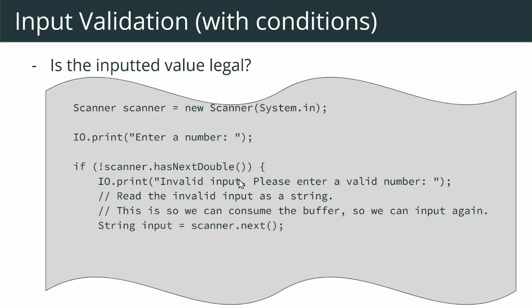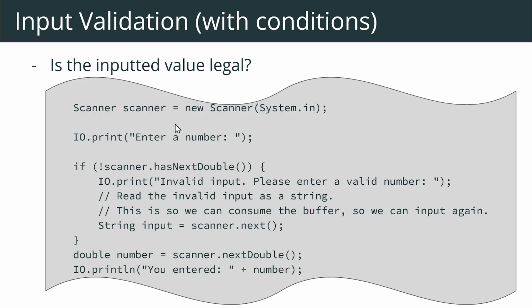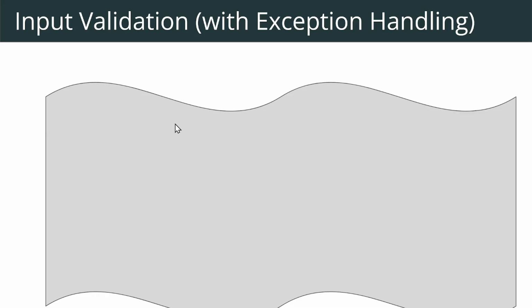And there's a couple steps here that's going to get rid of the garbage, and then we can take input again. All right, so this is a technique. It uses the scanner class. The scanner is very powerful. It's got a lot of access to exception handling and error messages and all of that. So yeah, you could use the scanner, or a more advanced topic, you could look at exception handling too.